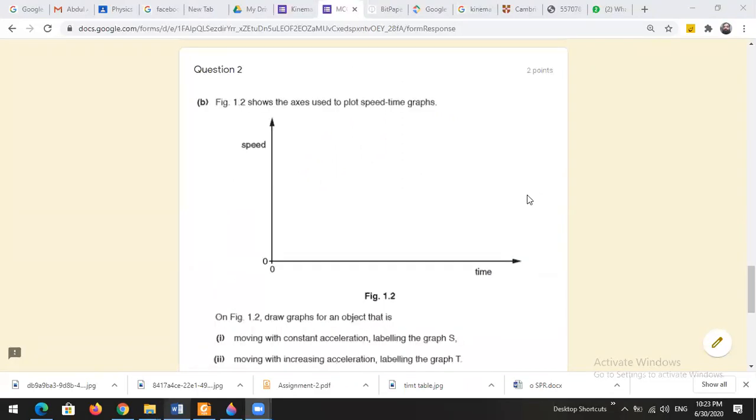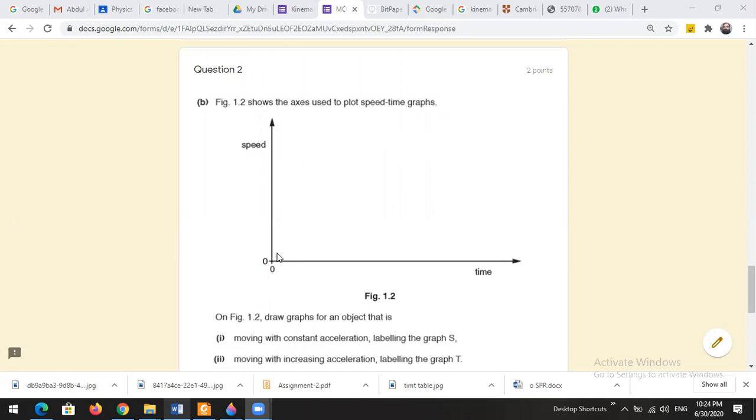The next part. Figure 1.2 shows the axis used to plot speed time graphs. Part 1, moving with constant acceleration, labeling the graph S. So you have to draw this graph. Moving with constant acceleration means a speed time graph, and we know that the gradient of a speed time graph gives you the acceleration.